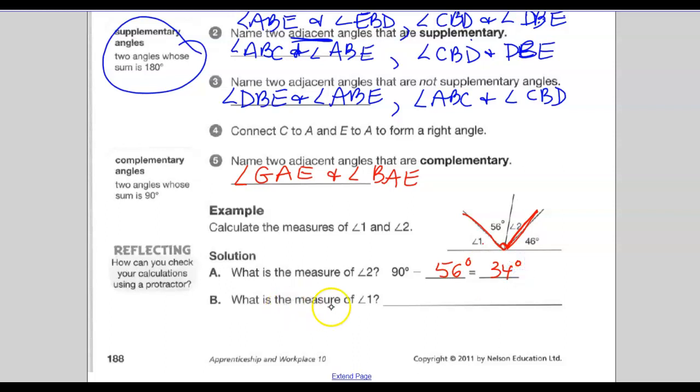And then angle 1, well, we already know that this is a straight line. And we know this is 46 and this is 90. So that's going to be 180 minus 46 minus 90. And so that's going to be 44 degrees. You can get your calculator out if you need to.